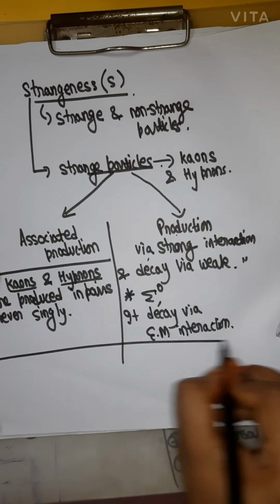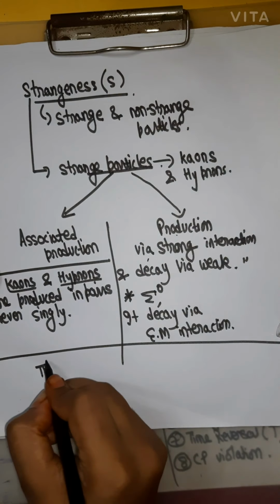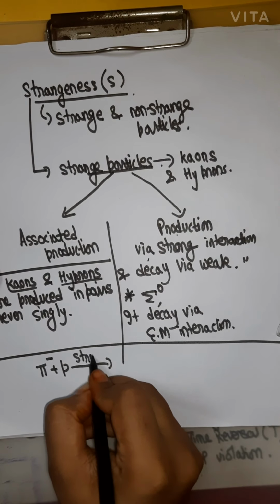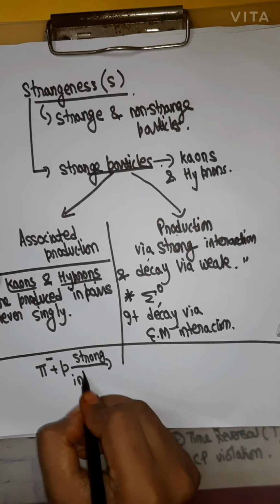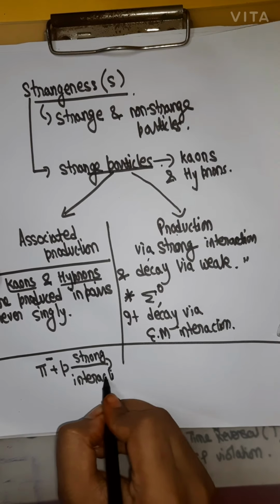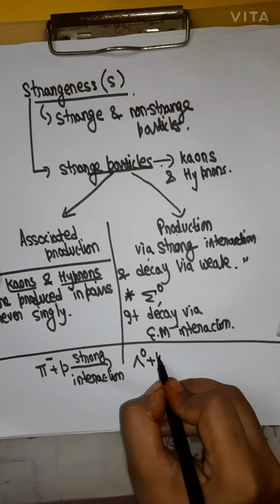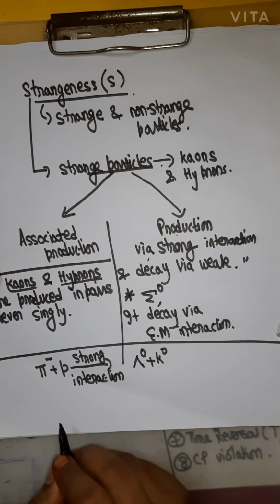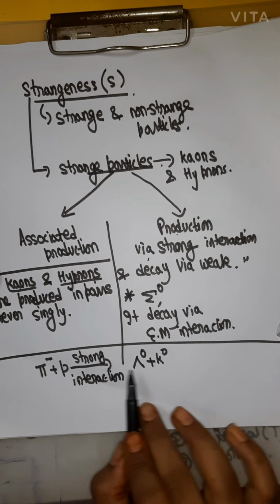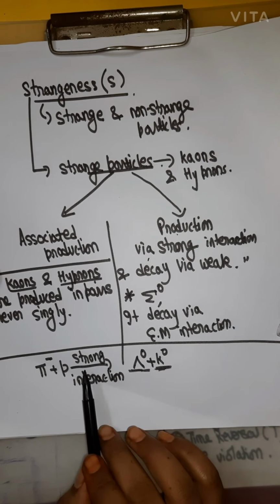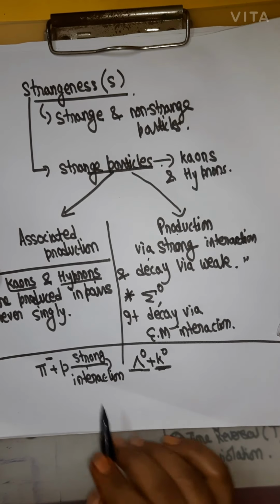Now for an example, we have pi minus plus proton, via strong interaction, giving lambda 0 plus K0. These two particles are strange particles, produced via strong interaction.